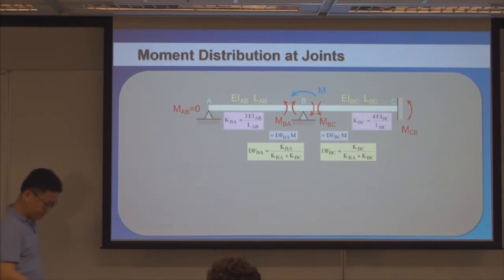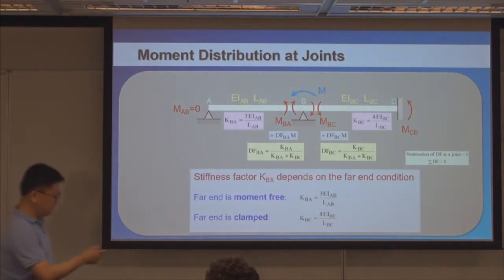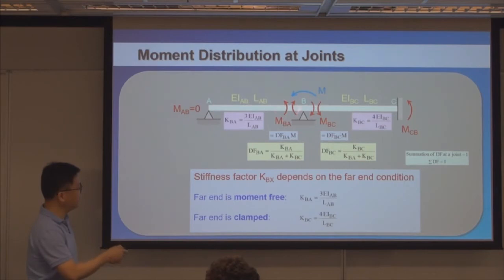All right, so here, the conclusion is that whether the stiffness coefficient K here is 3EI or 4EI depends on the so-called far side conditions, or far end conditions. If the far end condition is moment-free, then the stiffness coefficient is 3EI.